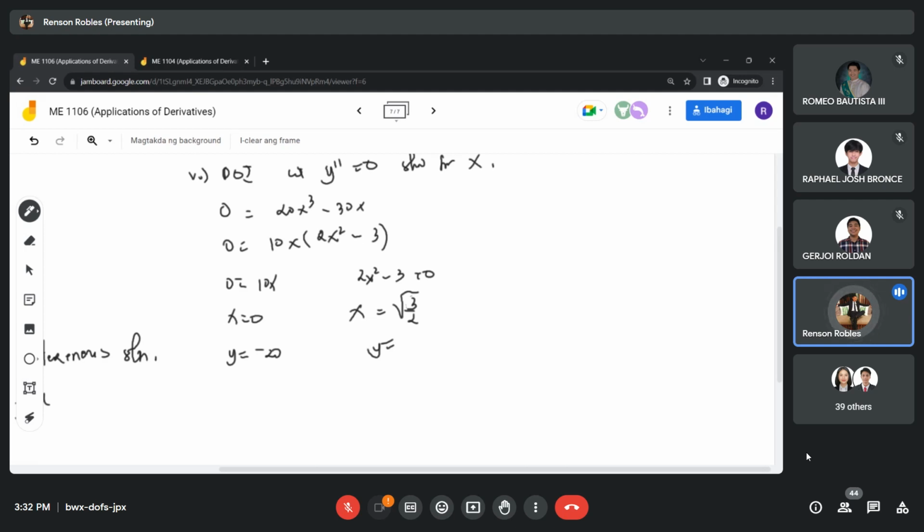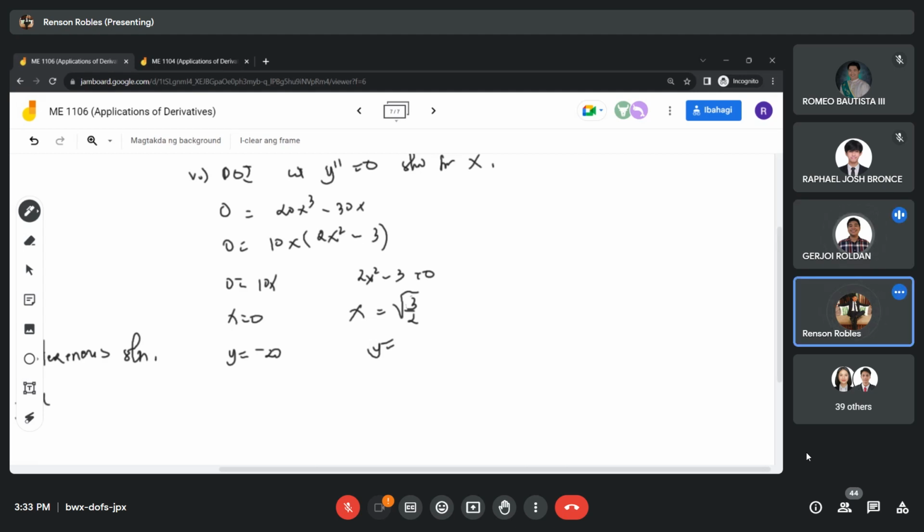You can use your calculator. Sir, can the answer be decimal or not? Radicals are okay, it's just a point of inflection.